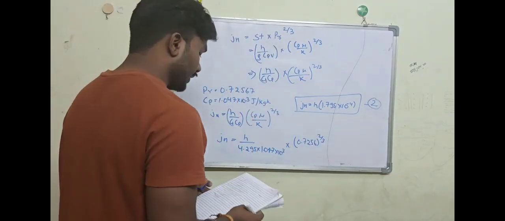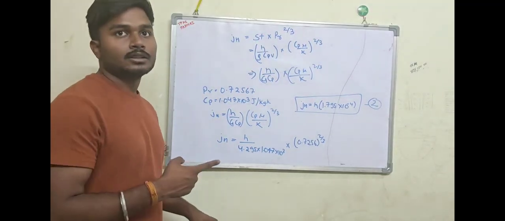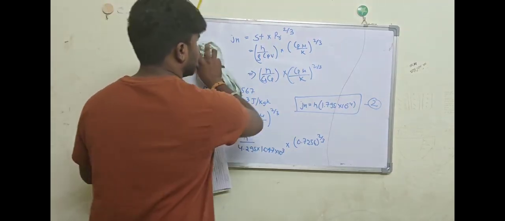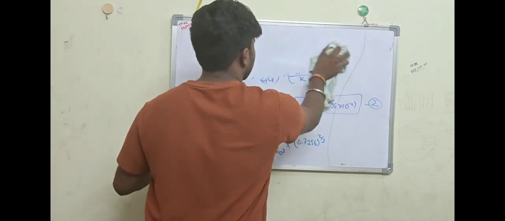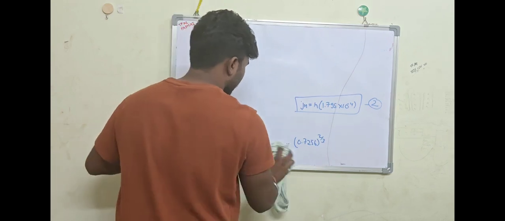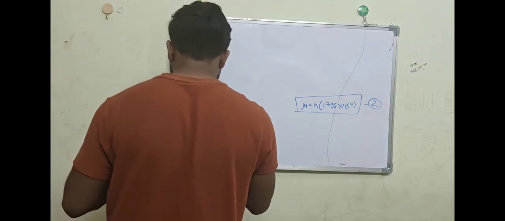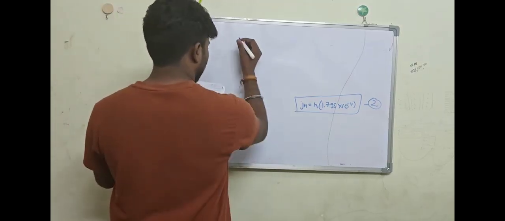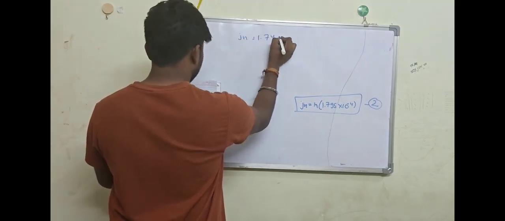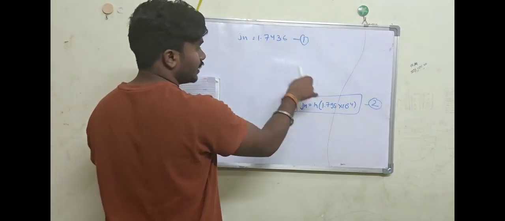So we will equate equation 1 and 2, and from there we will calculate the value of H. Earlier we had calculated that JH equals 1.7436 as equation 1.